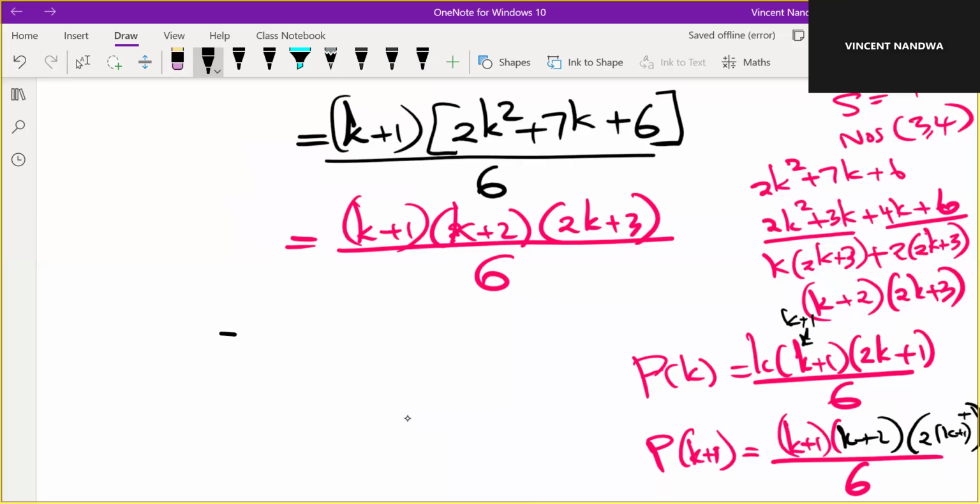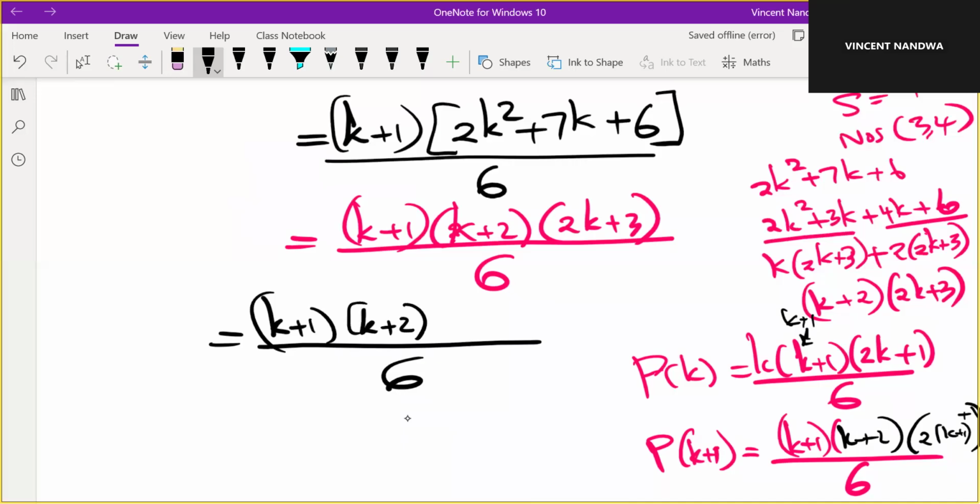This will be the same, with 6 in the denominator. So up there is k plus 1, which is what we expected, followed by k plus 2, what we expect to have. But this other one, we can write as 2 into k plus 1. So if I expand here, 2 times k is 2k, 2 times 1 is 2.